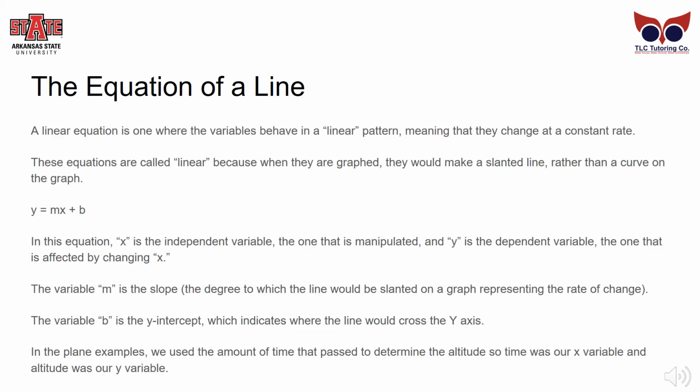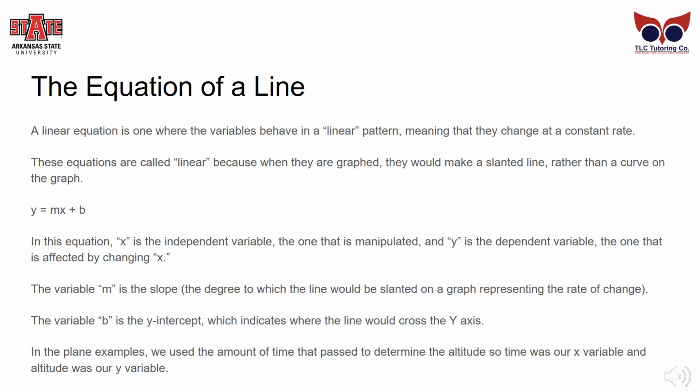The equation of a line. A linear equation is one where the variables behave in a linear pattern, meaning that they change at a constant rate. These equations are called linear because when they are graphed, they will make a slanted line rather than a curve on the graph. Consider the equation y = mx + b. In this equation, x is the independent variable, the one that is manipulated.